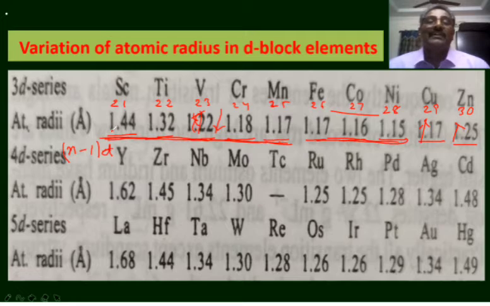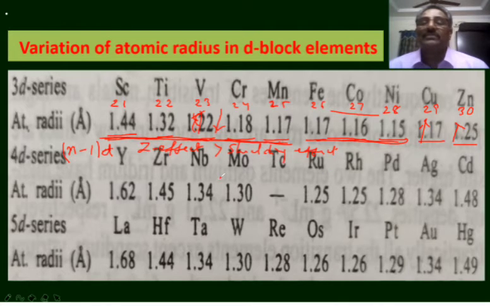Here, from scandium to chromium, the effect of increase in Z, let us take it as the Z effect, is greater than the shielding effect. The Z effect is greater than the shielding effect up to manganese.